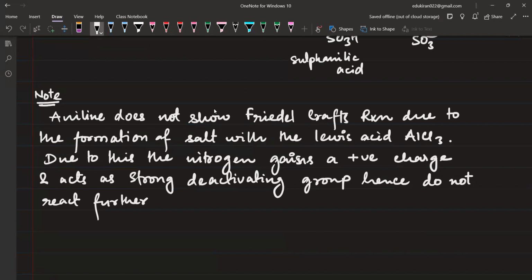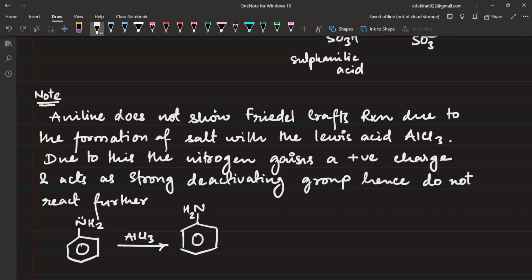Further, basically, you have the benzene ring with NH2 group. The lone pair is here, and you have AlCl3, right? This AlCl3 does not have its complete octet. Three bonds are there, so 6 electrons. That means it is electron deficient, so it attaches onto this nitrogen's lone pair. It forms a salt, which is something like this.